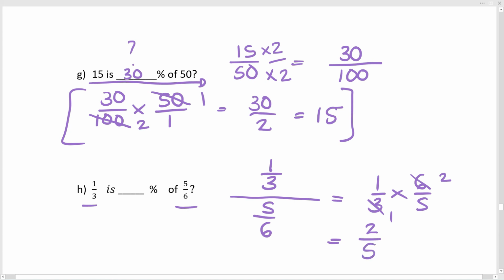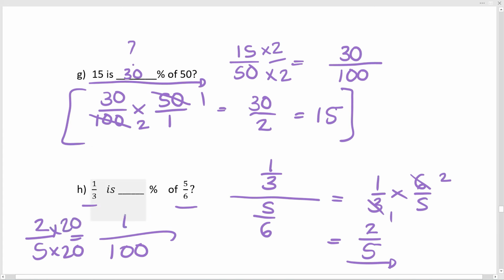So I've managed to clean this up and understand that when you take 1/3 out of 5/6 you get 2/5. Now we want to know what is that as a percentage, as a number out of 100. Well, 5 times 20 gets me to 100, so 2 times 20 will get me to 40. My answer is 40%.